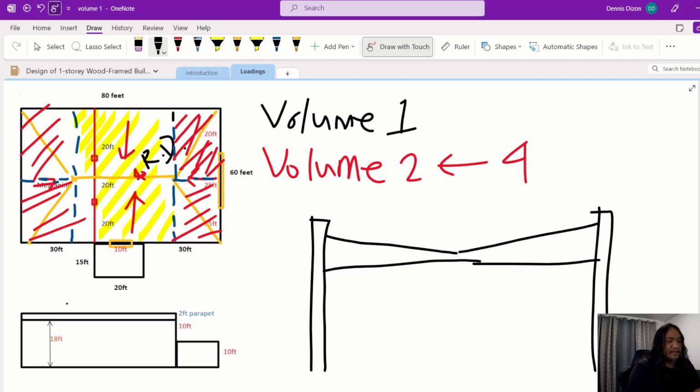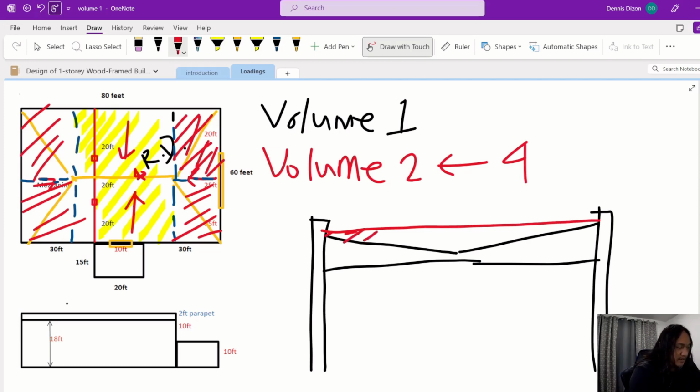So this one here, we will draw a line between the end to end of the roof.